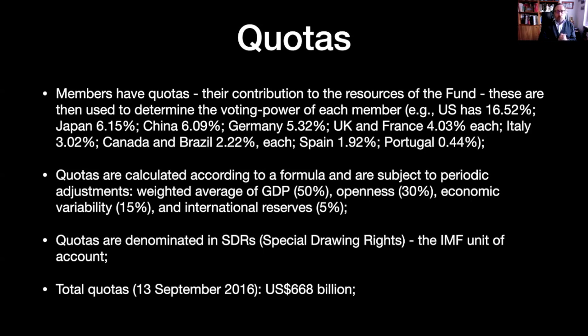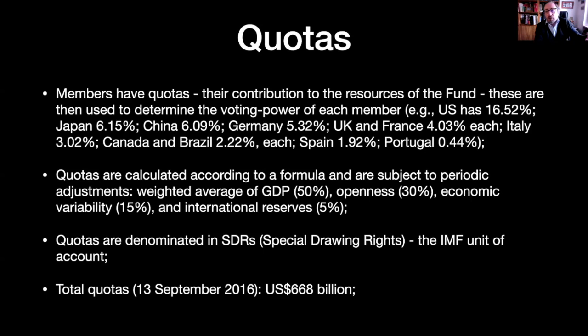Now, quotas are then denominated, so their value is expressed in SDRs. So SDRs are special drawing rights, and they operate as the IMF unit of account. Before the European Union, for instance, had the euro, we had the so-called ECU, the European Currency Unit, that operated in a manner very similar to the SDRs.